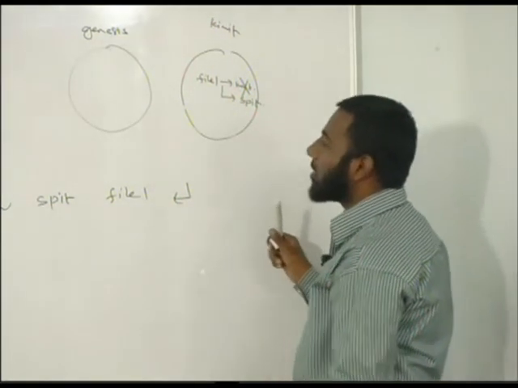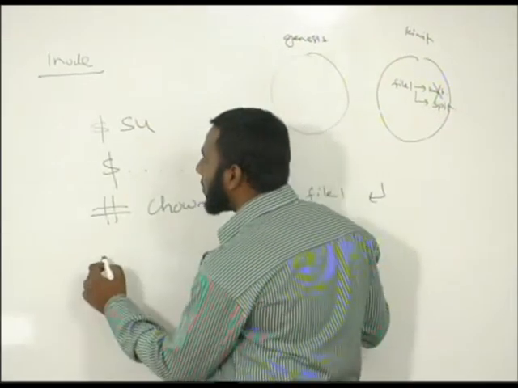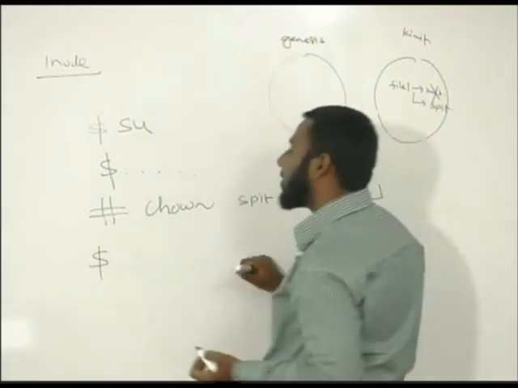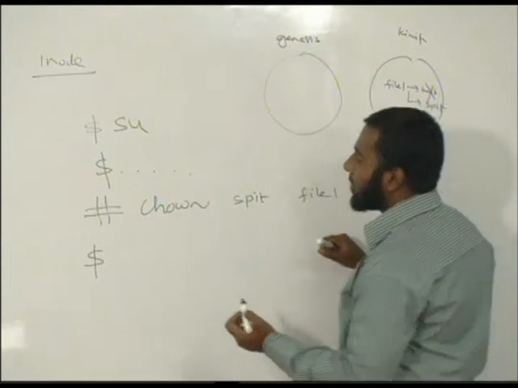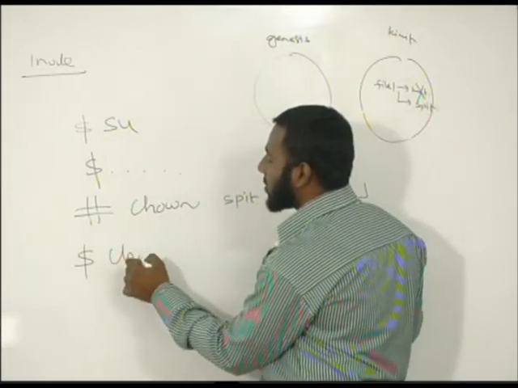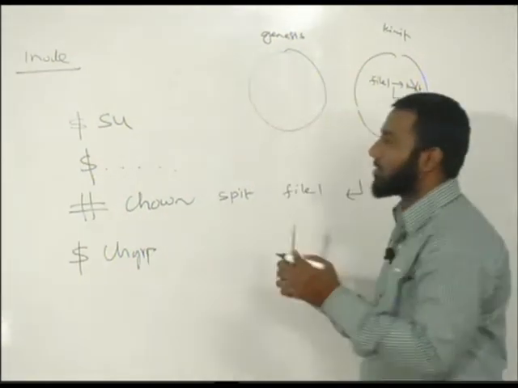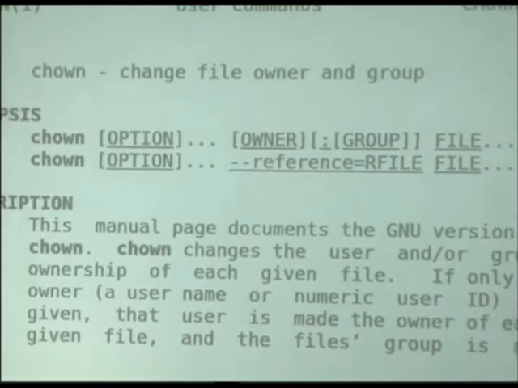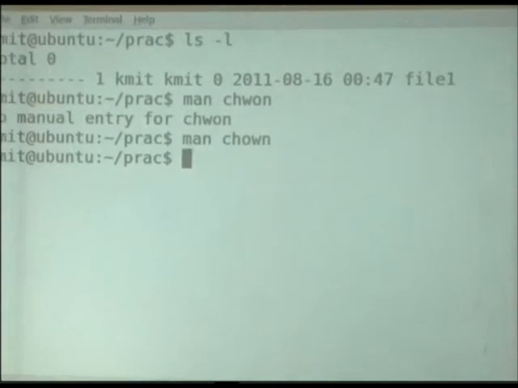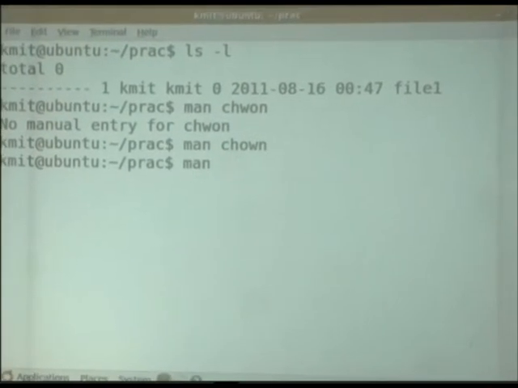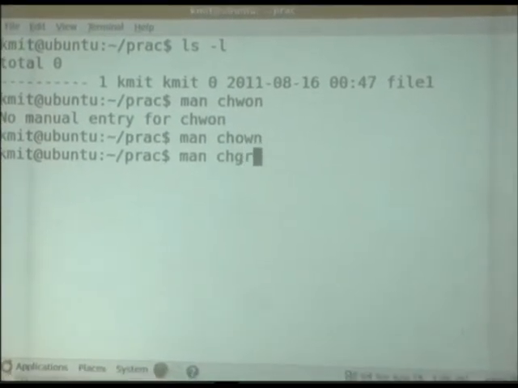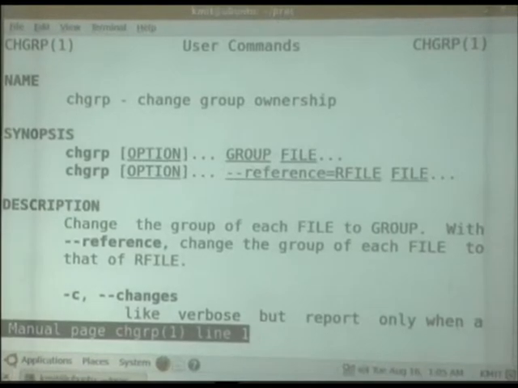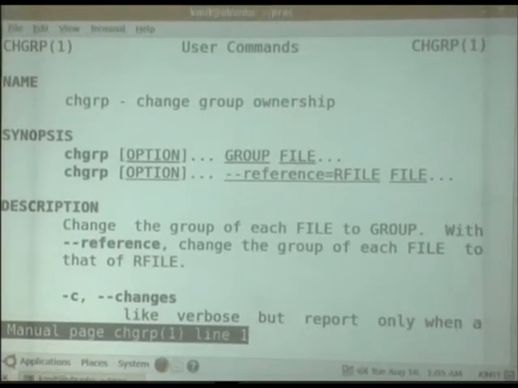Then there is one more command which can be executed on this prompt, which is change group, chgrp. Let's check the manual page for it. man chgrp. Yes, it changes the group ownership.